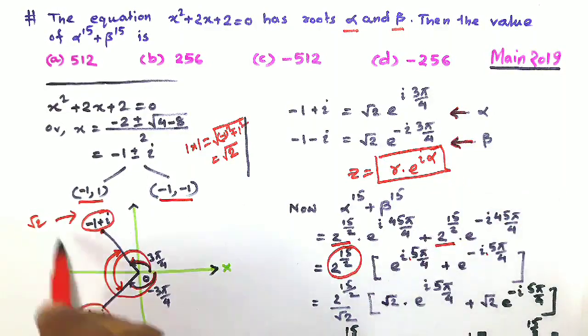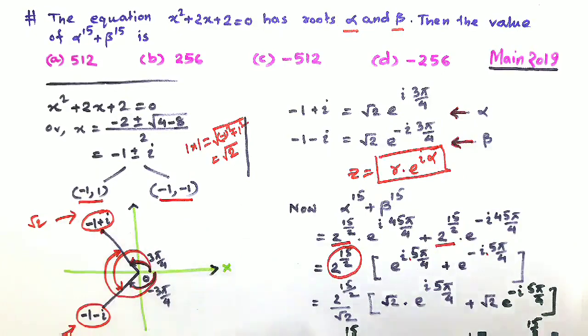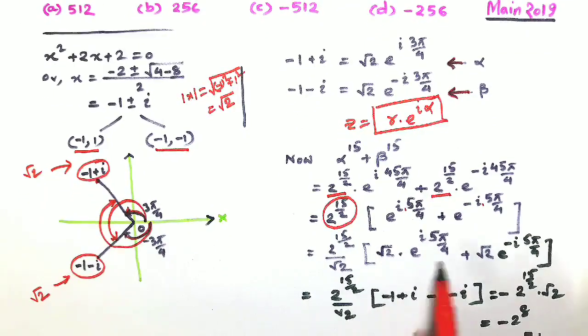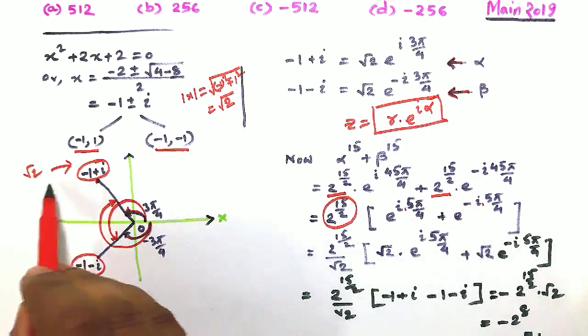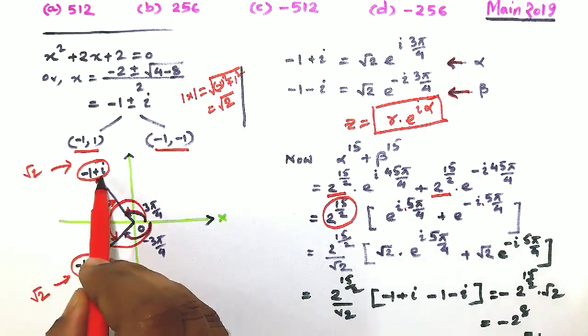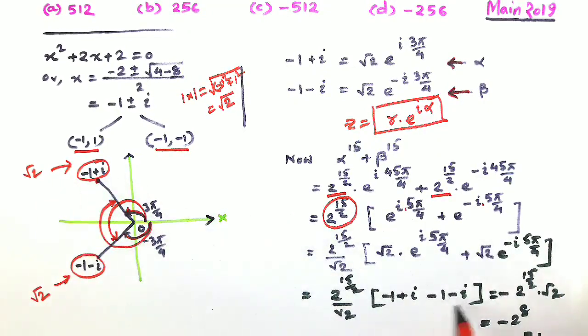So r is root 2, since root 2 is the modulus r, so we multiplied and divided by root 2. So this is root 2 e to the power i 5 pi by 4, and this is nothing but your minus 1 minus i. Similarly, root 2 e to the power minus i 5 pi by 4 is minus 1 plus i.